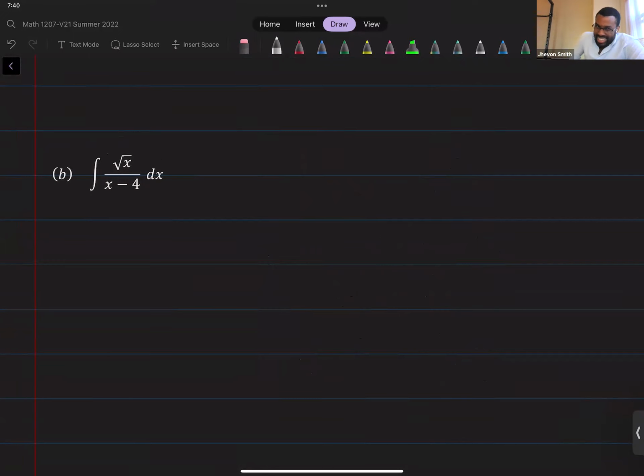You see this and you're like, that looks ugly. But at the same time, I don't really have a nice method to work on this. You're always going to think, can a substitution work? That's always going to be something in your mind. And if I wanted to substitute something, I definitely want to get rid of that radical x. I also can recognize that x is really radical x squared, and that would have to be true, because for radical x to work, your x has to be greater than or equal to 0.